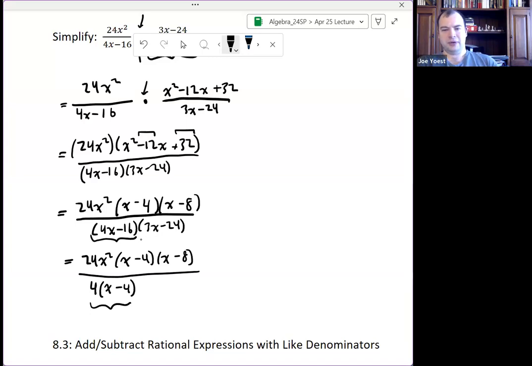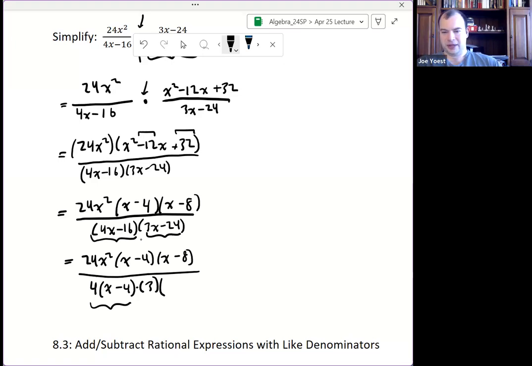Wait, can I do that with the second factor in the denominator? Is there a common factor between 3x and 24? Yeah, I think I could actually factor a 3 out of there. I'll just write it like this. I'll put parentheses around the 3 just to be clear. Sometimes when we have parentheses, number, parenthesis, it just looks a little funny.